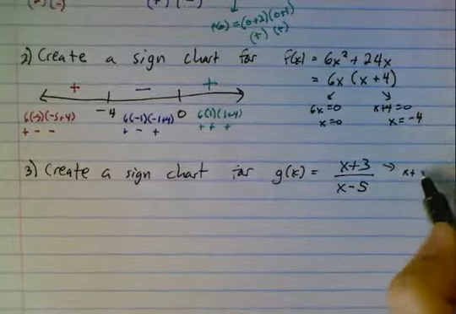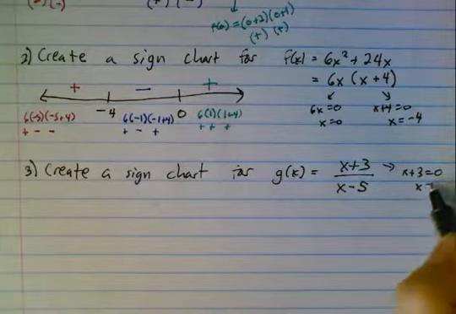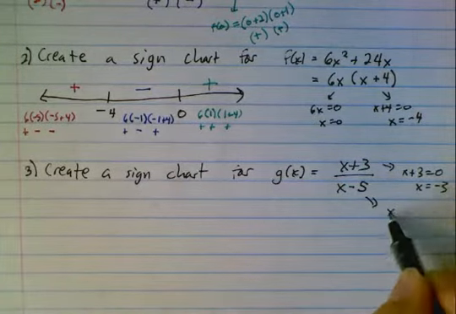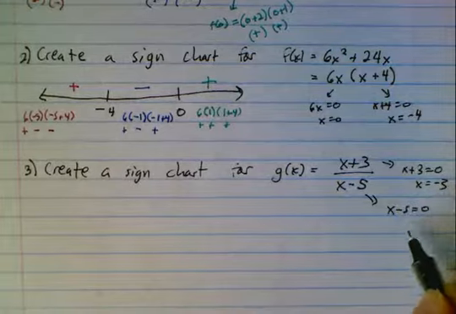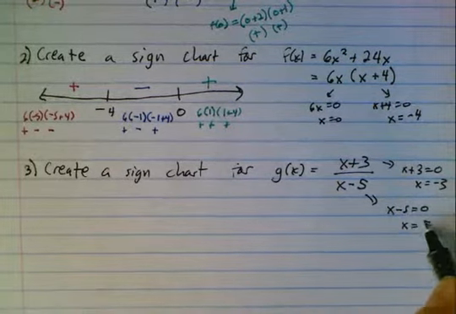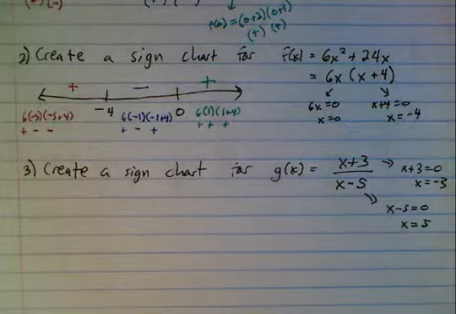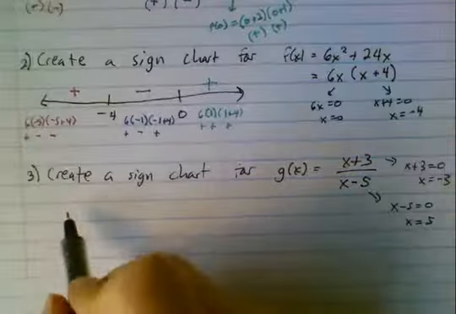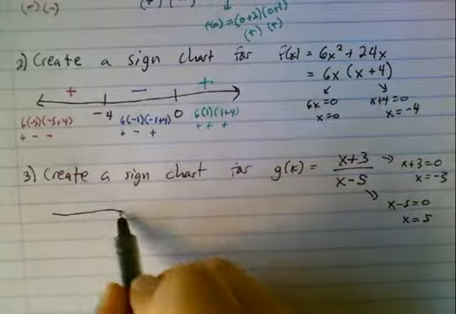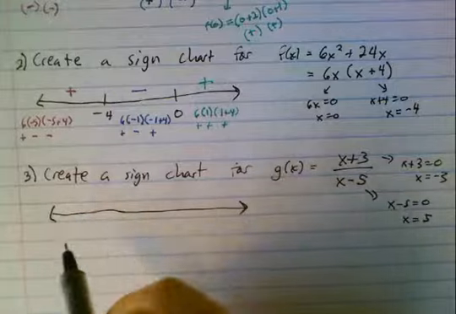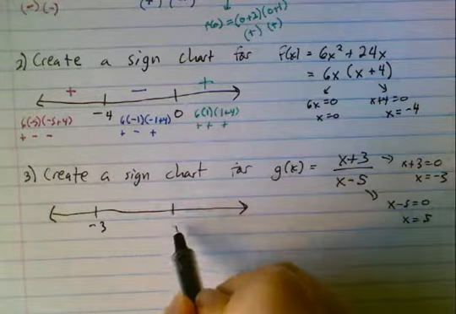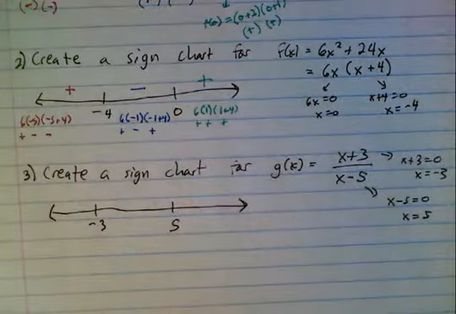So we're interested in x plus 3 equals 0 or in x minus 5 equals 0. Because where there's an undefined value, it's also possible to have f of x switch from positive to negative. So mark that on our sign chart, -3 and 5.